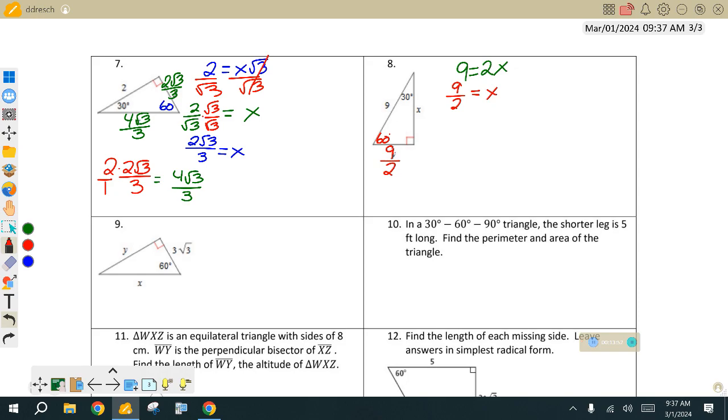How do we go to the long leg? Root 3. Short leg times root 3. 9 halves times root 3. What is 9 halves times root 3? 9 halves root 3. 9 root 3 over 2.